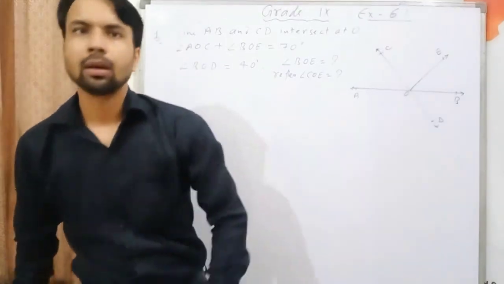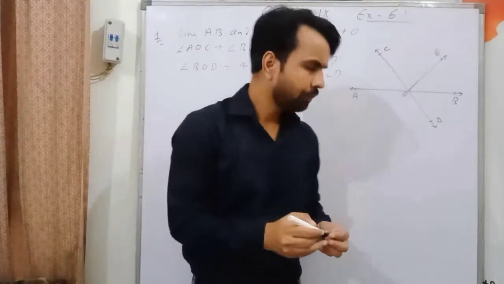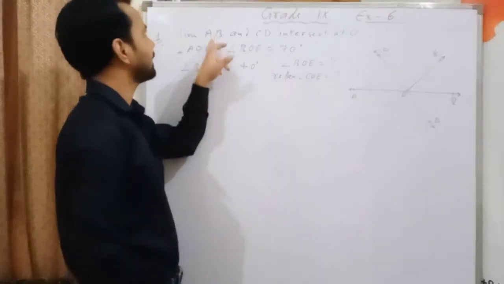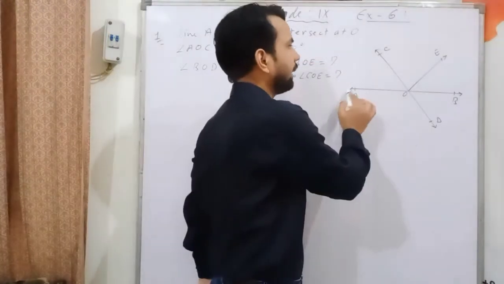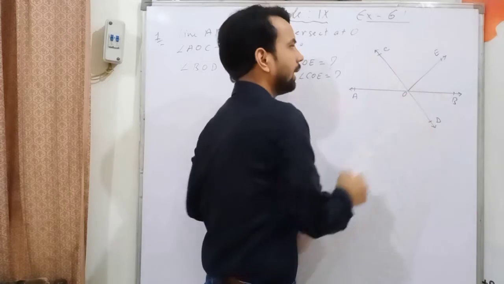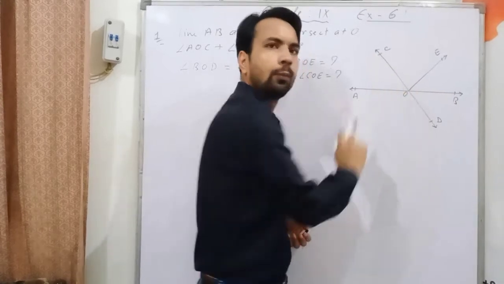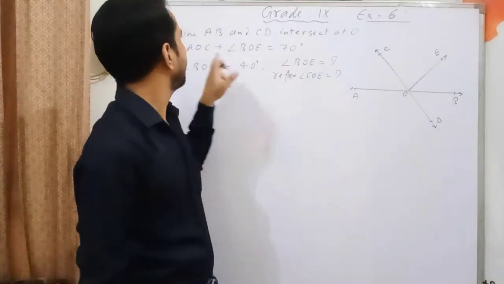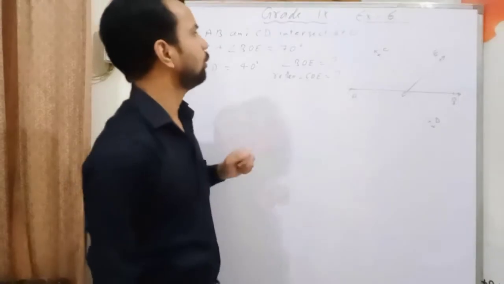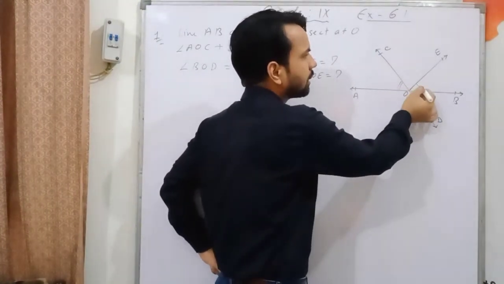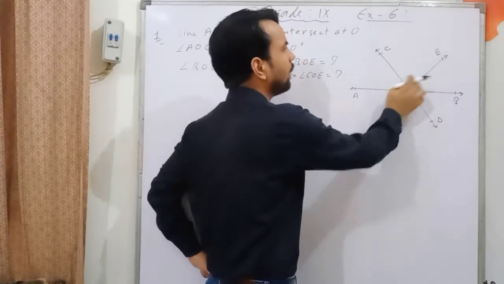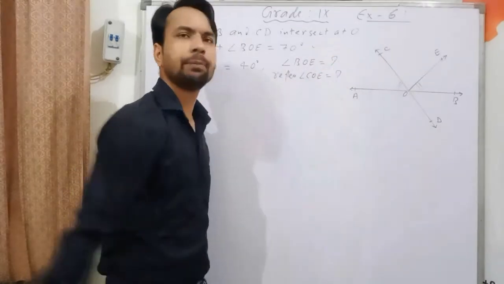So again I am explaining the question. The question is saying AB and CD, two lines, intersect at O. Clear? And angle AOC plus angle BOE: AOC is this angle and BOE is this angle. The sum of these two angles is given as 70 degrees.